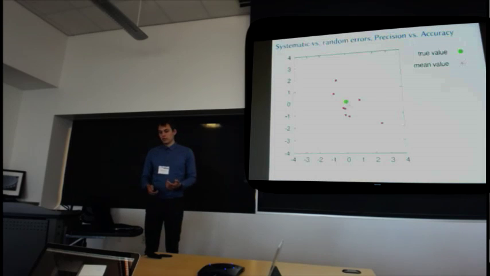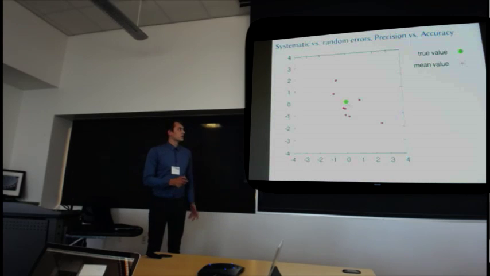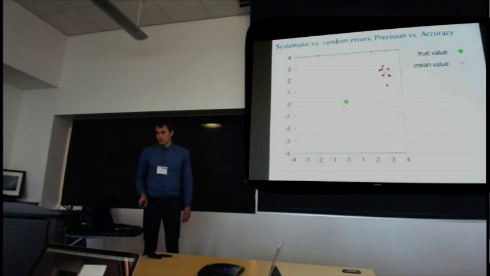For example, you can imagine this experiment like you fire a gun and try to hit this aim, and this is where you hit. And you can say, okay, well, it's not very precise. I'm quite far off several times, but the mean value is quite accurate because it's not far from the true value where you were aiming at.